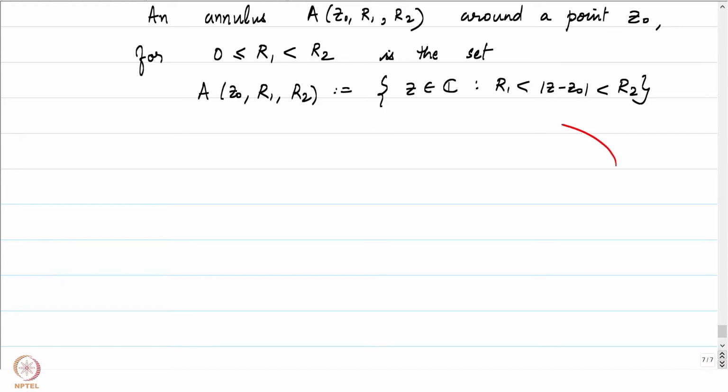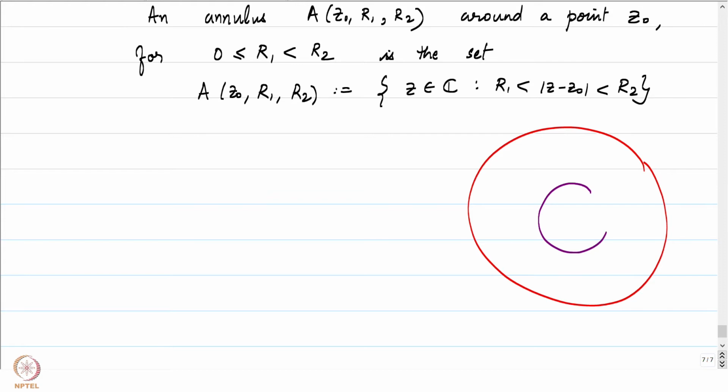The red is going to be the circle of radius R2, and the violet is going to be the circle of radius R1 around the point Z0. So, this is R1 and this is R2.